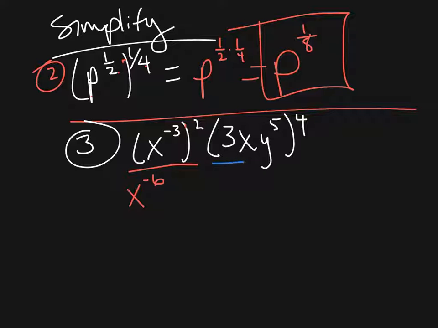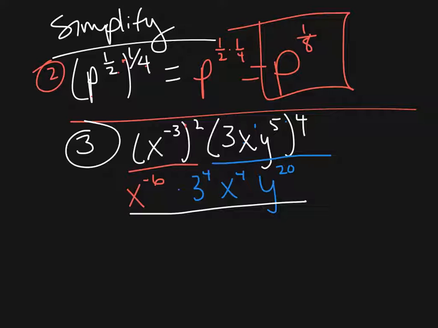Then when I take 3xy to the 5th to the 4th, I need to really think about raising the 3 to the 4th, the x to the 1st to the 4th, and y to the 5th to the 4th is going to be y to the 20th. So now I can just use my rules of multiplication.